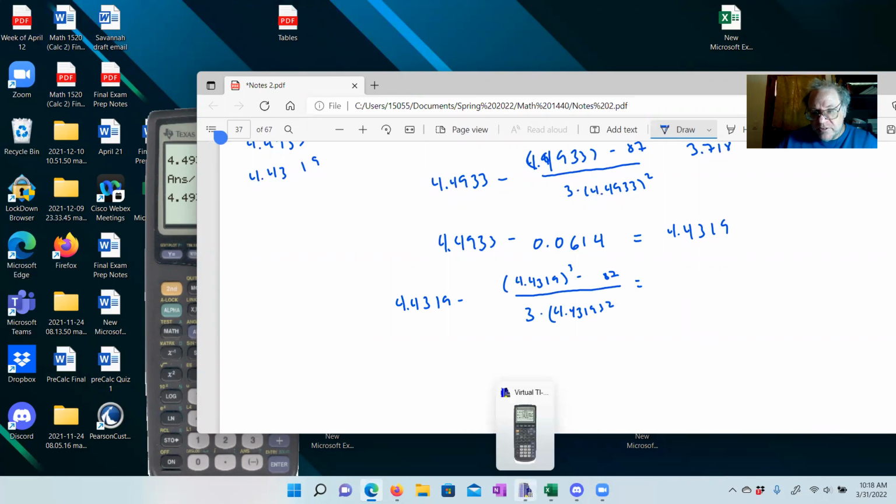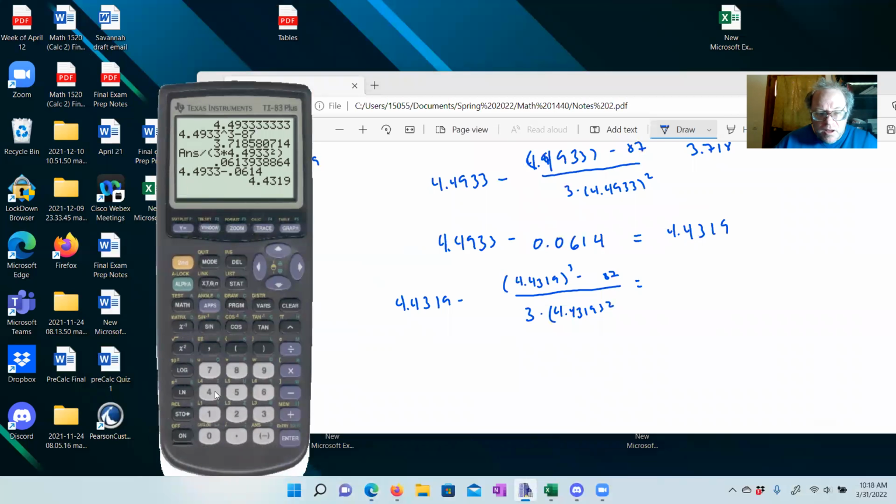So what we're going to do here is 4.4319 cubed minus 87, and we'll say equals. We're getting pretty close to that value. We're not too far off. But then we're going to do divided by 3 times 4.4319 squared.